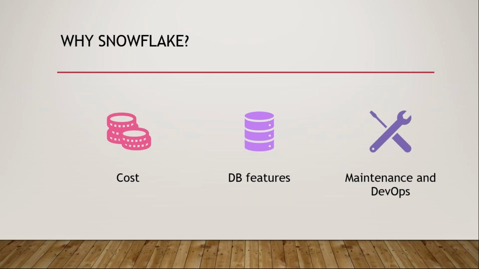Most importantly, as mentioned in the slide, the cost is relatively less because you pay only for what you actually use. Let's say you have an on-premise data warehouse and you took a license for 1 year. No matter what, you have to pay the 1 year license cost. But here it is a subscription-based model.